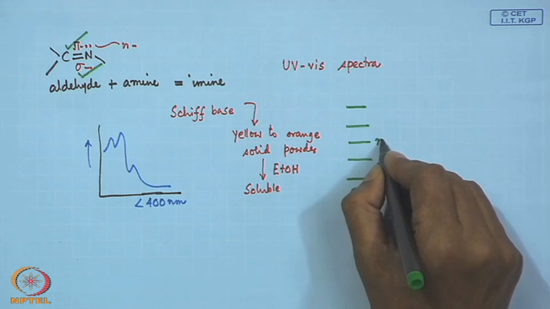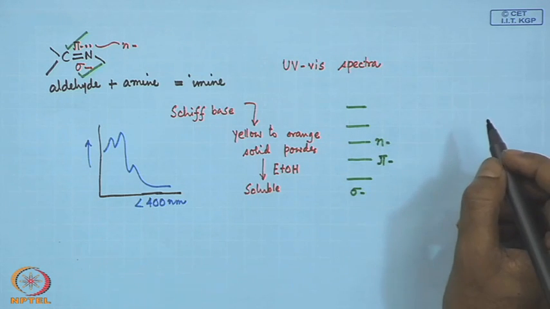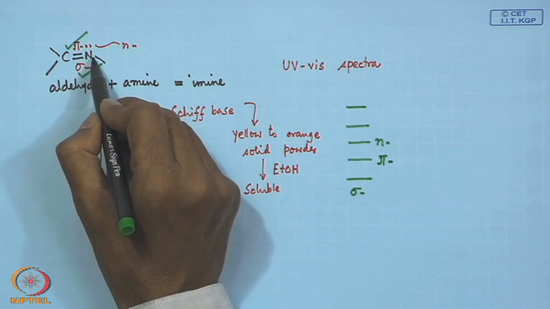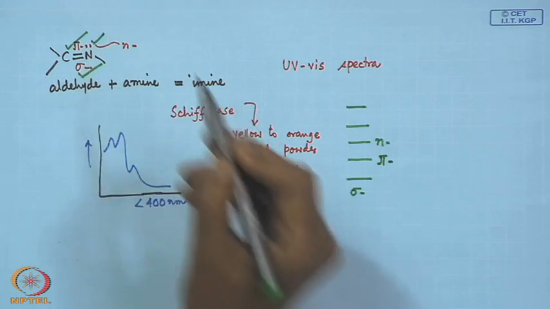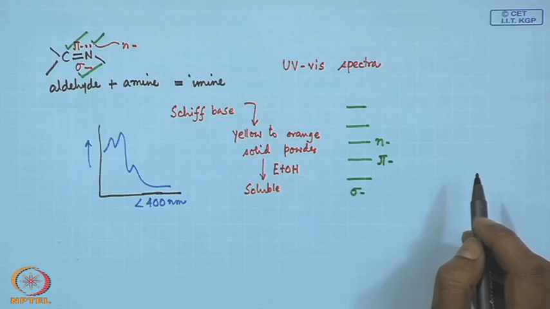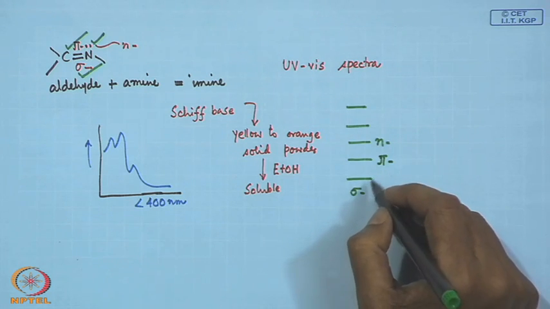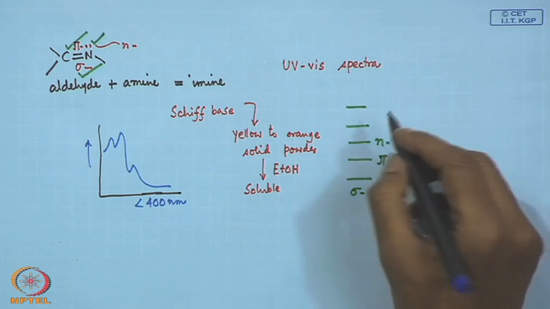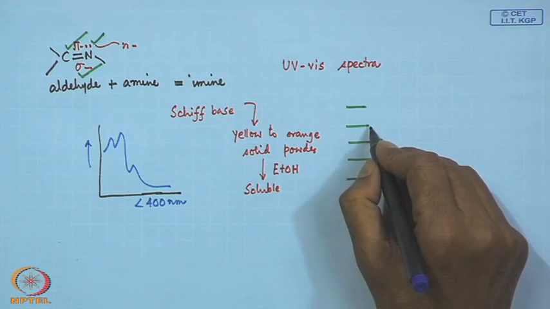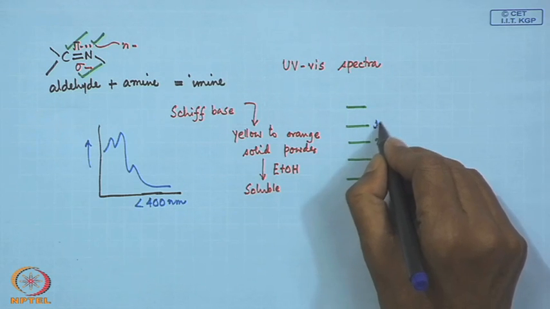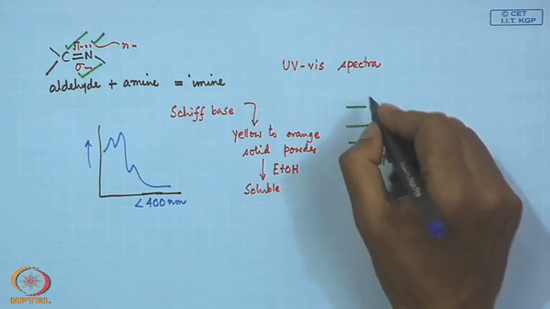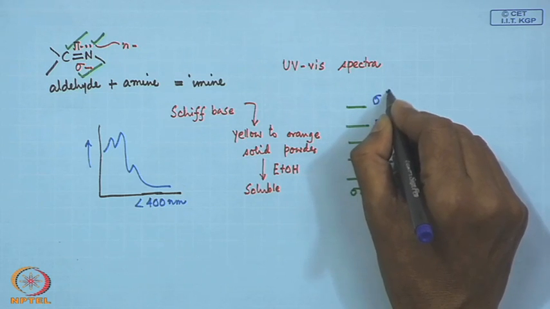Then what is available is the corresponding non-bonding electrons, that means the electrons which are not involved in any kind of bonding on the nitrogen atom. Because this is typically a non-bonding level. Then after that we will have the antibonding orbitals. So, we have the corresponding pi antibonding orbital as the pi star and the corresponding sigma antibonding orbital as the sigma star.